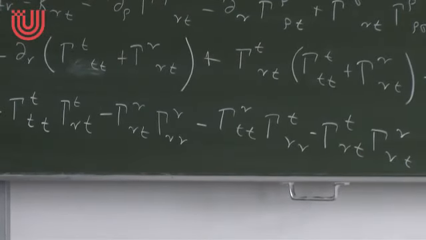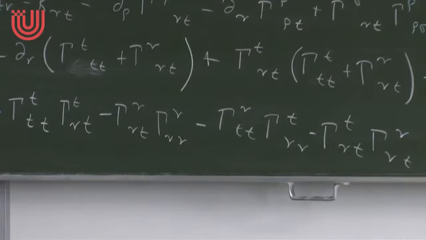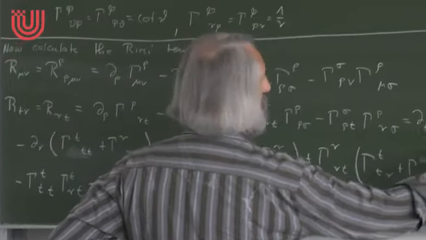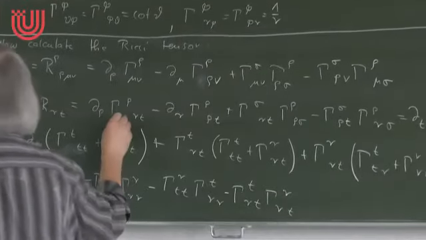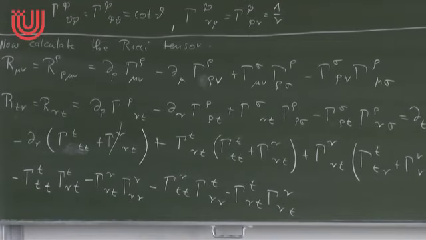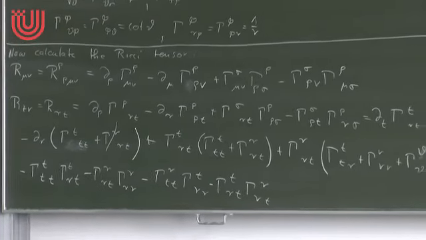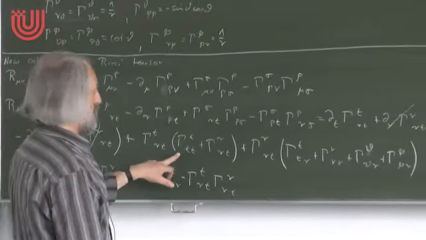Fortunately, a few of them should drop out. Let me see. This here drops out against this here, right? Where do I have a TTT?